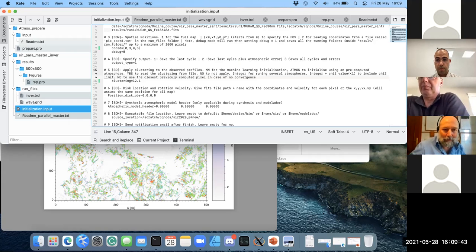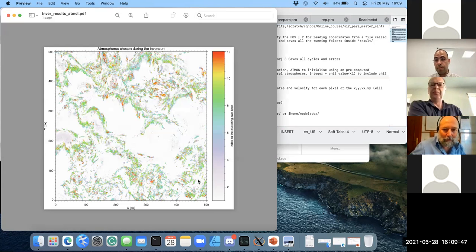So what I'm saying is that atmosphere 1 is probably so neutral, so flexible, that in most cases, when the code wants to change it heavily, it always produces a good fit. But this doesn't mean that if you synthesize the Stokes profile with that atmosphere, it will be similar to the ones we want to fit. In fact, it will be very different because we have a really, really complex simulation.